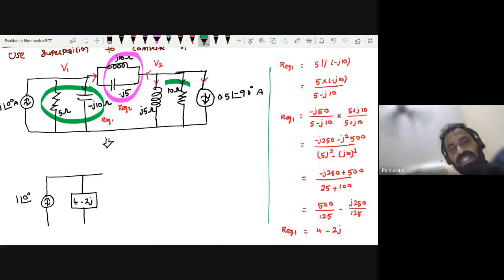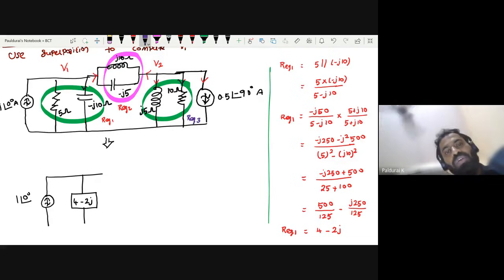And take these two, connected again in parallel, as R equivalent 3. So find R equivalent 2 and R equivalent 3 by yourself. And in case of any doubt, please refer to me. So J10 and minus J5, coming to R equivalent 2.